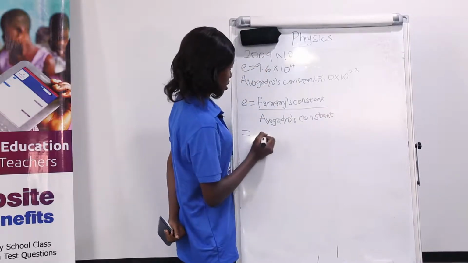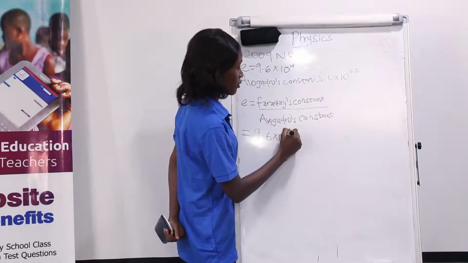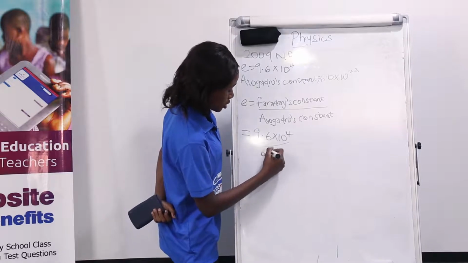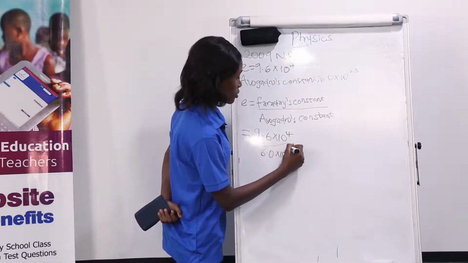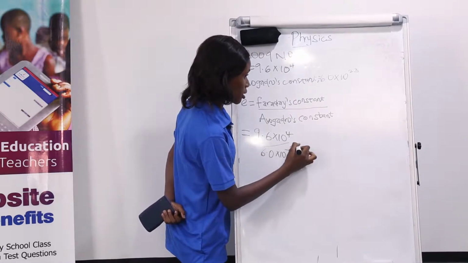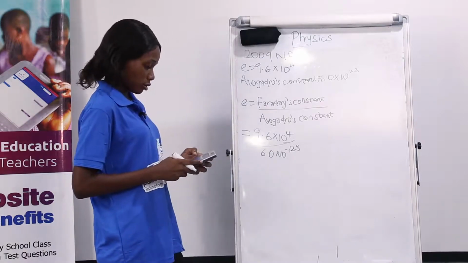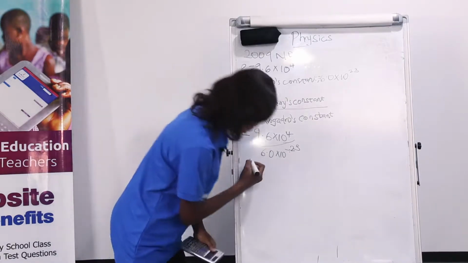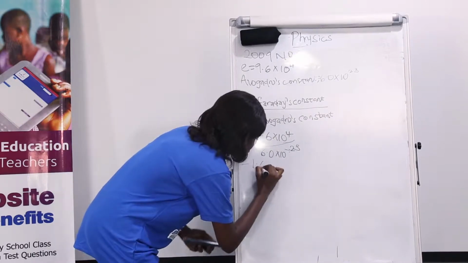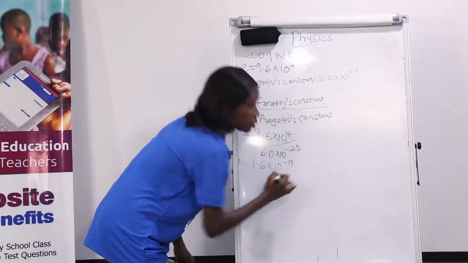And since we have 9.6 times 10 raised to the power 4 divided by 6.0 times 10 raised to the power 23, we have 1.6 times 10 raised to the power minus 19.